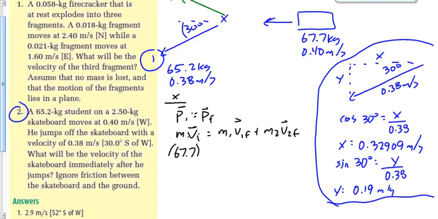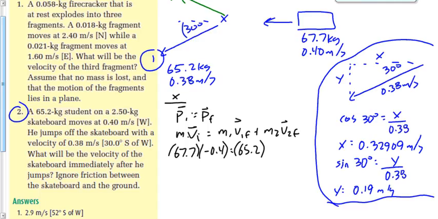67.7 kilograms times negative 0.4. Negative 0.4 because it's moving at 0.4 to the west. That's on the x-axis. M1 is 65.2 kilograms. Now here's the test. What's V1F?